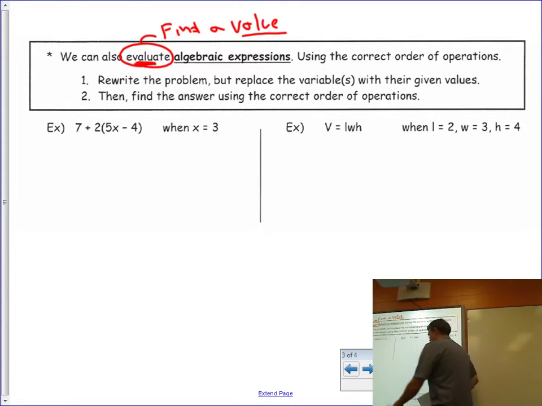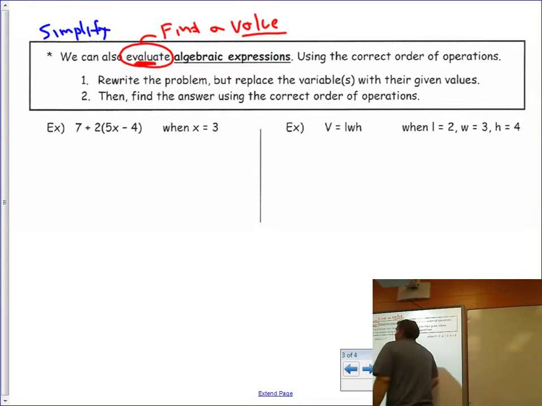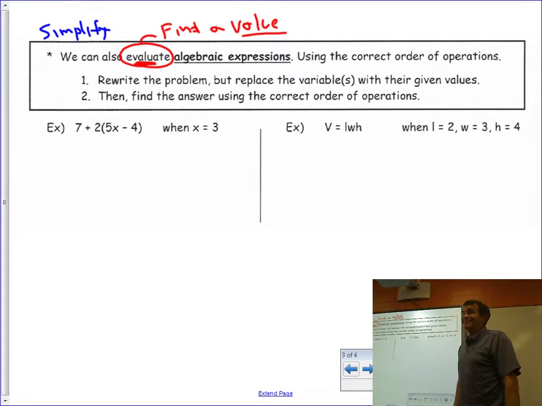This is different than the word simplify. Simplify does not mean to find a single value. Simplify just means do any operations you are capable of doing. We'll talk about that in another day or two, I think. But evaluate means you got to find a single value.